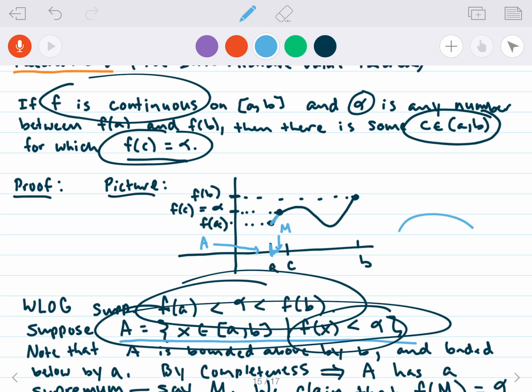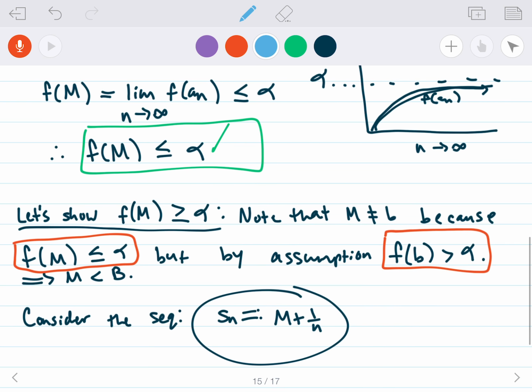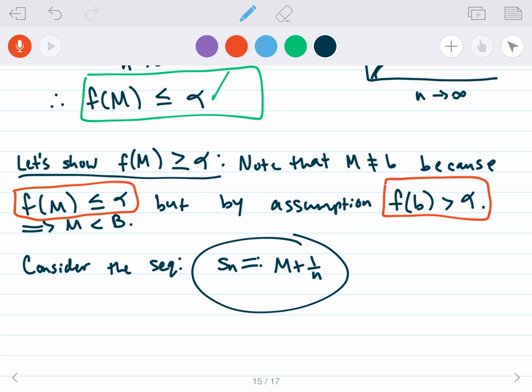We're not going to be somewhere over here when n gets large. So we're just looking at long-term behavior of the sequence when n gets really large. m plus 1 over n is going to converge to m. So that sequence is going to be in our compact interval from A to B when n gets large.